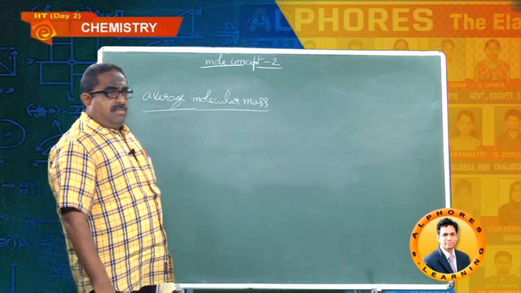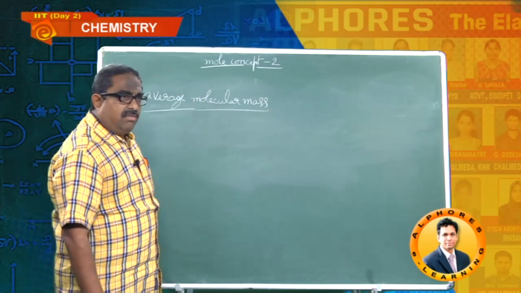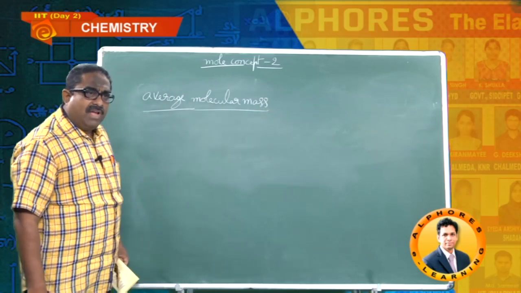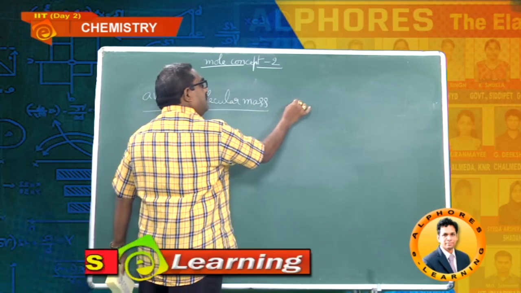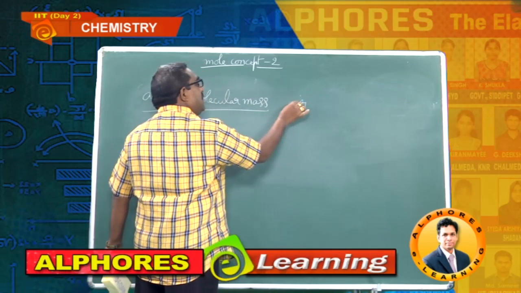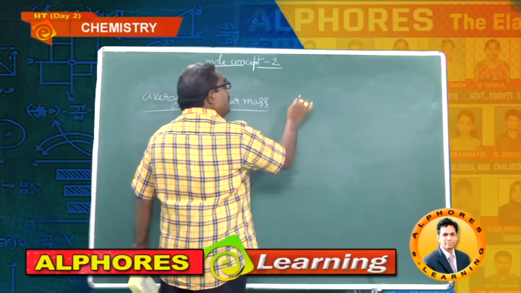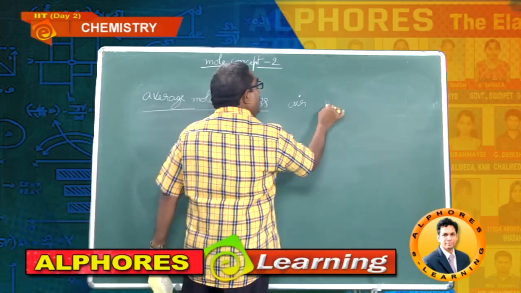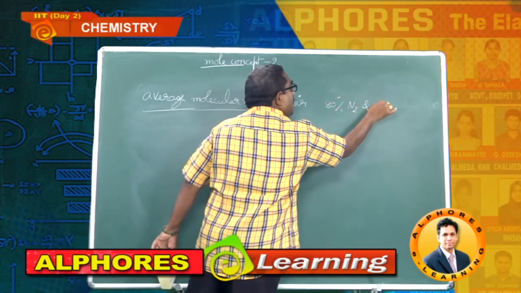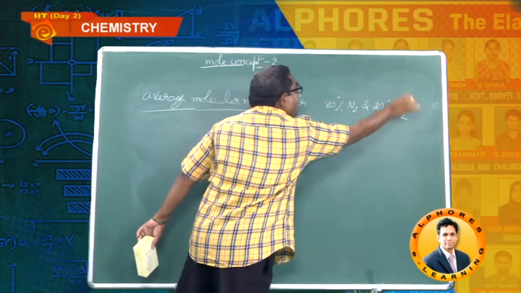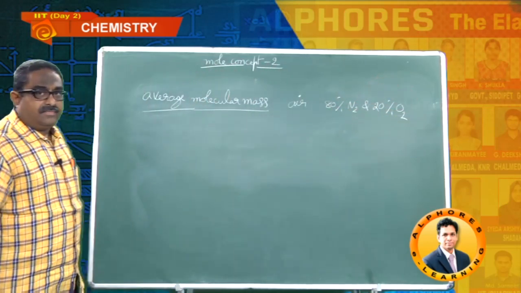If a gas mixture contains more than one type of gas, the best example we can take is air. Say a sample of air contains 80% of nitrogen and 20% of oxygen.